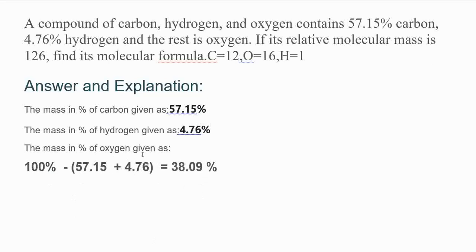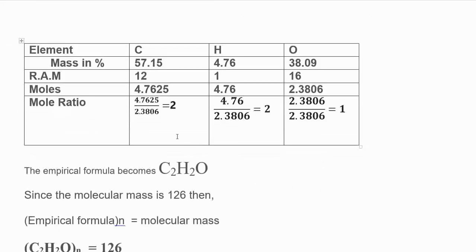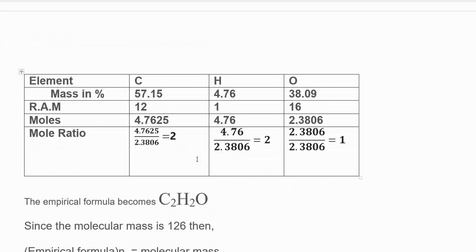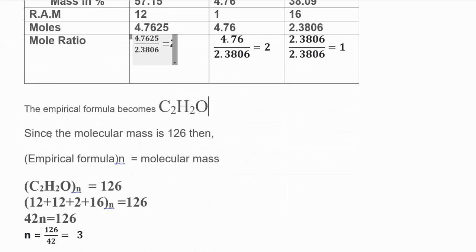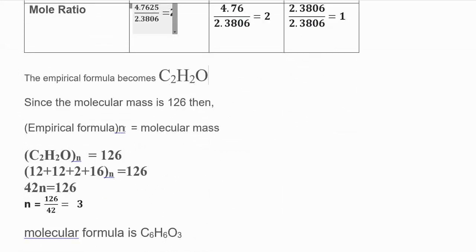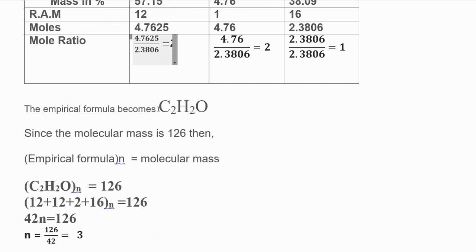You take this information to the table, and then you calculate the empirical formula. Once you get the empirical formula, you calculate the molecular formula. We have done that, I don't want to repeat a lot. Since the molecular mass is 126, then the empirical formula times N should give you the molecular mass. Our empirical formula is C2H2O.